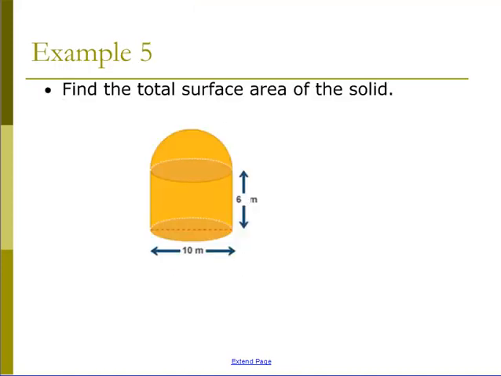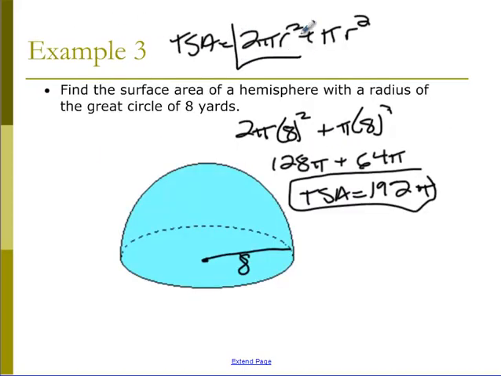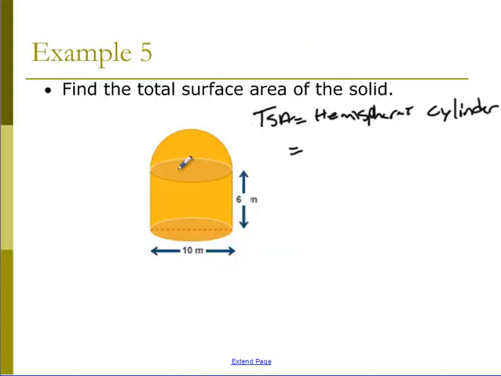And our last example, we've got a hemisphere on top of a cylinder. Okay, so for my total surface area, we're going to break this apart as much as possible. We have a hemisphere plus a cylinder. So for the hemisphere, I need only this part of the hemisphere. The reason is the hemisphere is on top of the cylinder, so the top base of the cylinder and the bottom base of the hemisphere are not actually on the surface anymore.